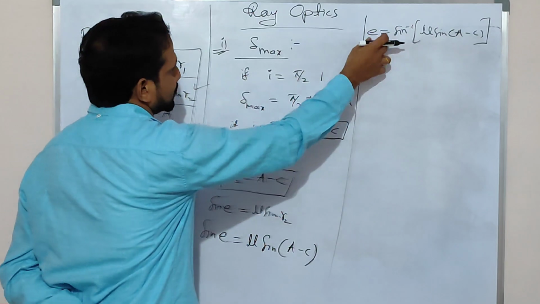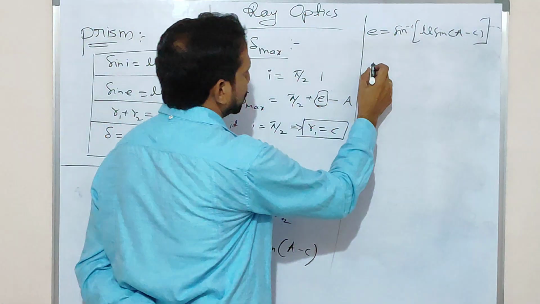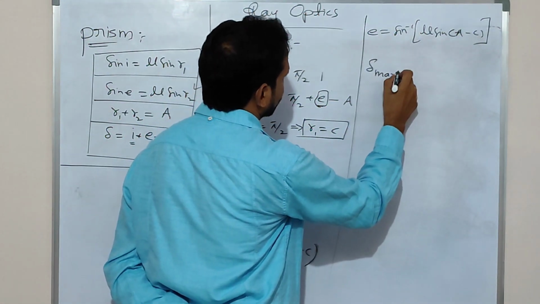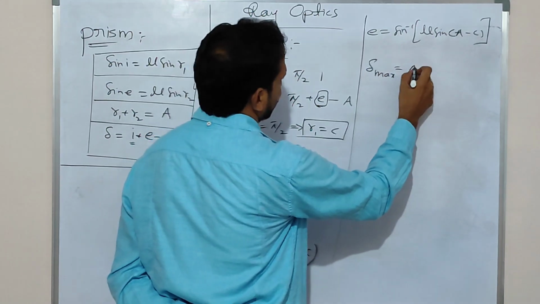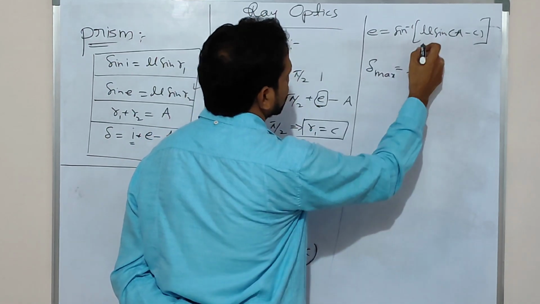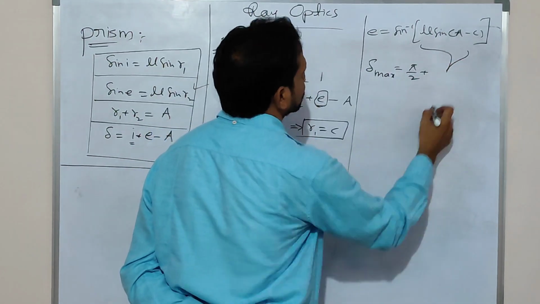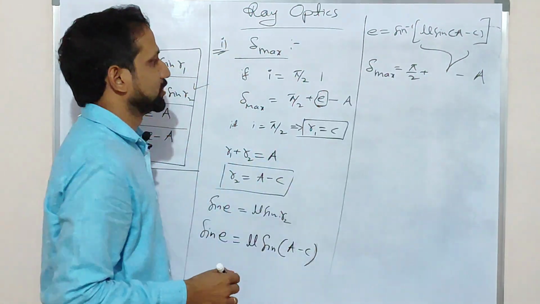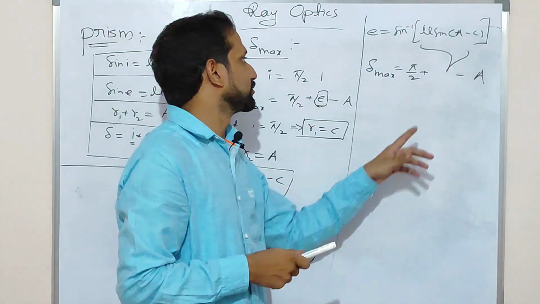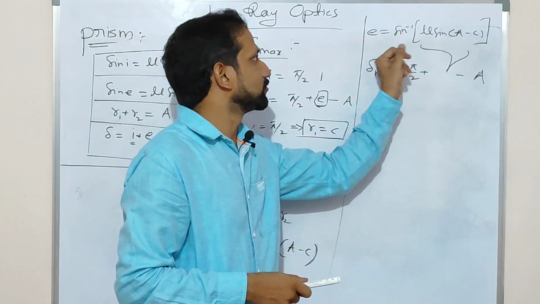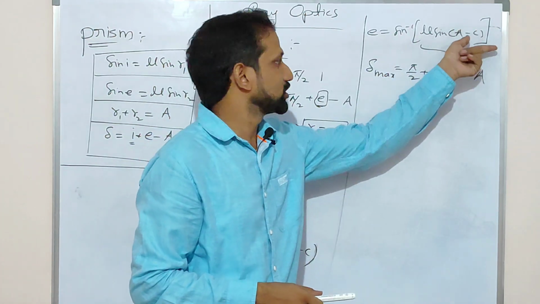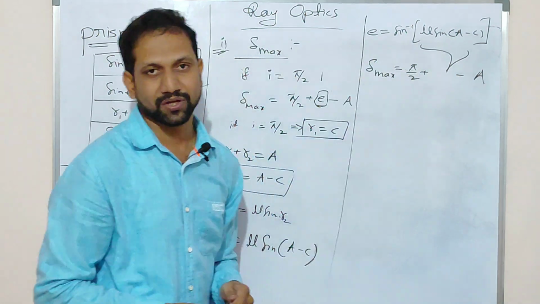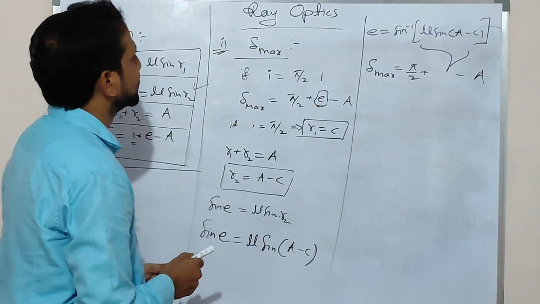Substituting this E in the deviation formula, delta maximum equals pi by 2 plus sin inverse of mu sin (A minus C) minus A. So that is going to be delta maximum.